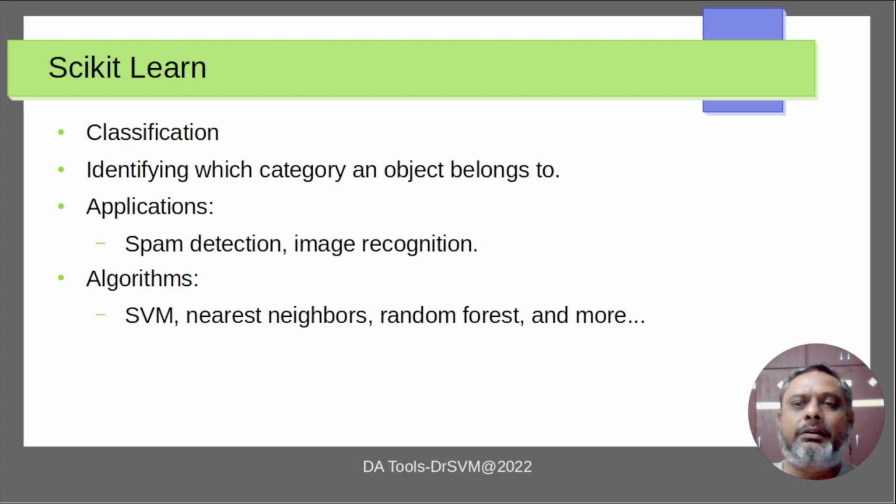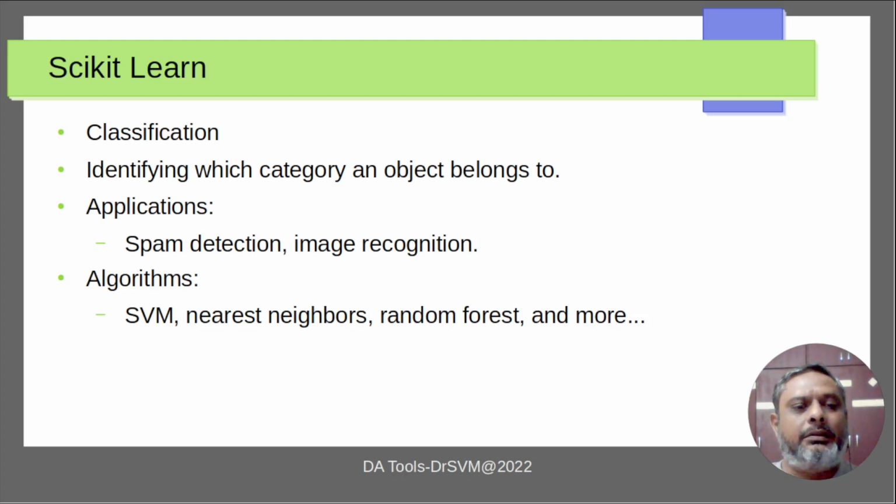So we can classify the data. So here we try to identify which category an object belongs to from the sample. The applications would be spam detection, image recognition, and many more to name.